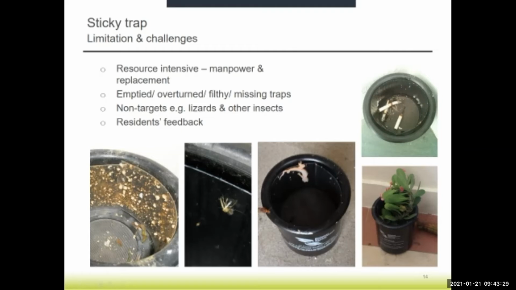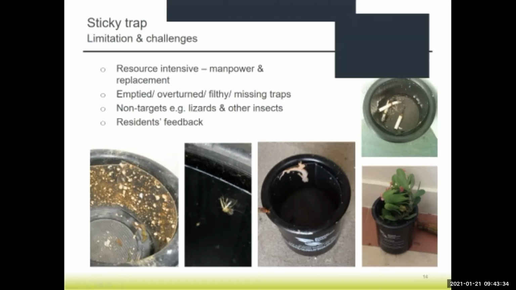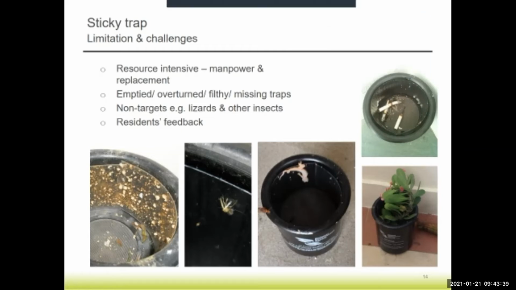Actually, the main problem that we face is the sand. The place that we use it was very sandy, and the wind affects the sticky liner with a small amount of dust, so it may reduce its capacity to capture the mosquitoes. So sorry, can you repeat again?